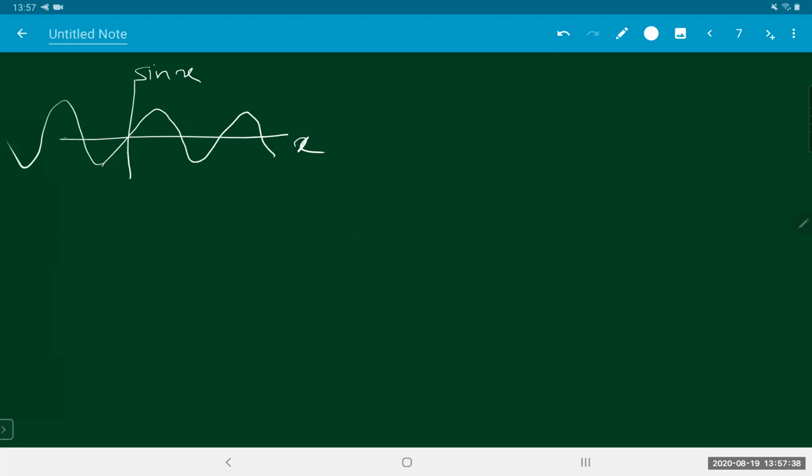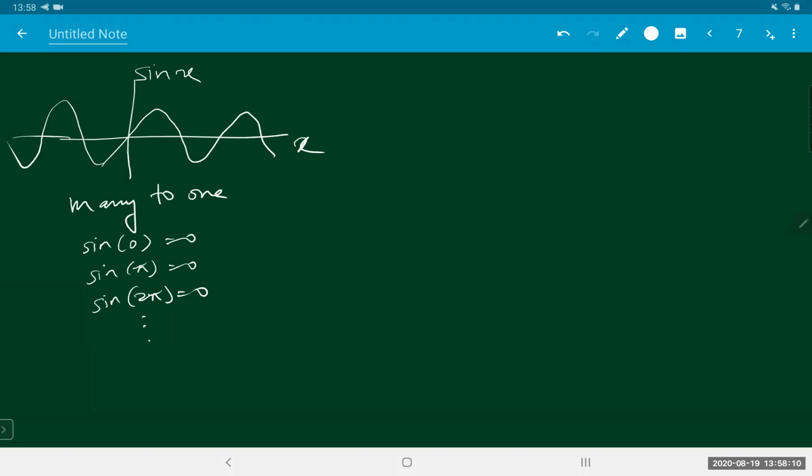Let's look at some further examples. What do you think of sine x? Yeah, so sine of x is many to 1, because you know that sine of 0 is 0, but sine of pi is also 0, and sine of 2 pi is also 0, and so on.